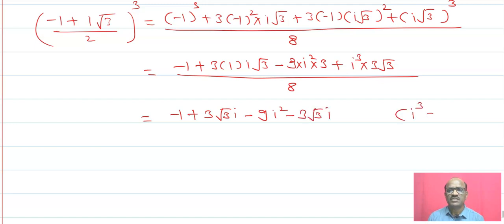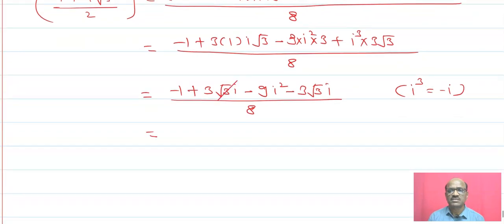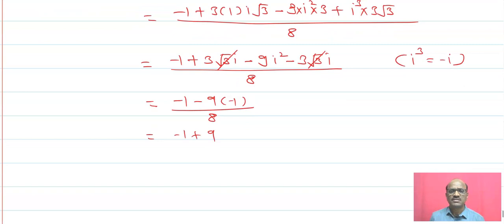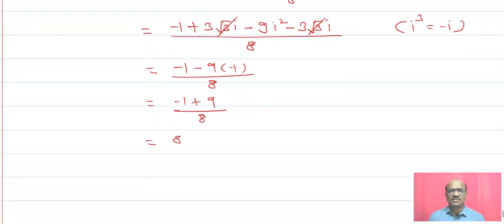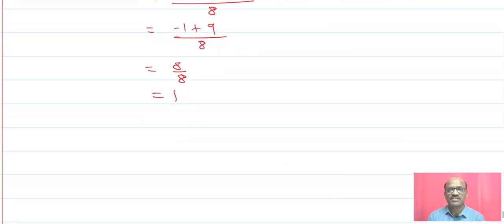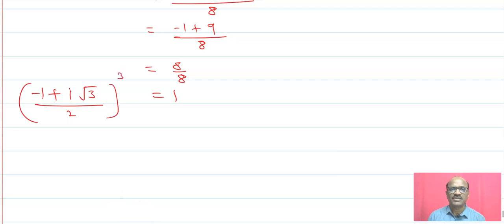I cube is minus, therefore we can cancel it, that is minus 1 minus, and on simplification we will get that it is equal to 1. Now for the next term, this is the bracket cube.